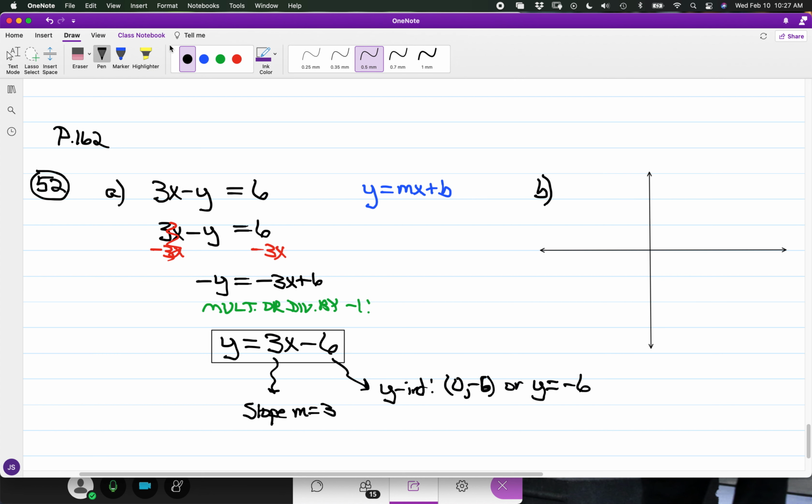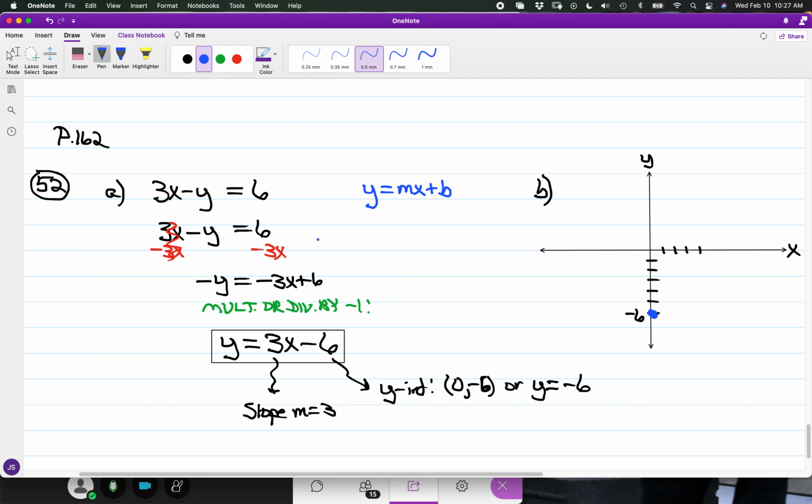Again, I'm just going to sketch this, not quite draw it out completely, but for the activity, you have a y-intercept of (0, negative 6), and you're going to have a pattern.